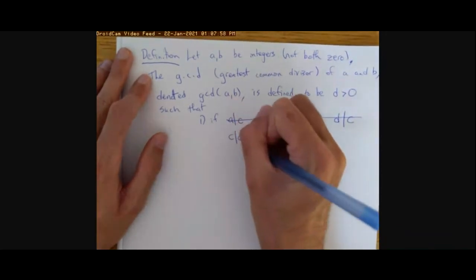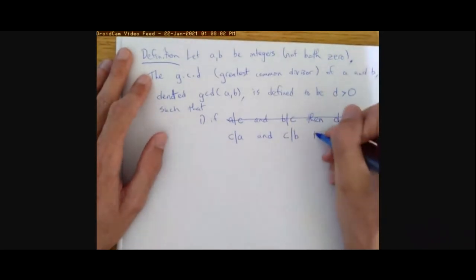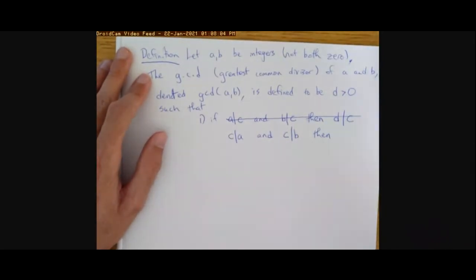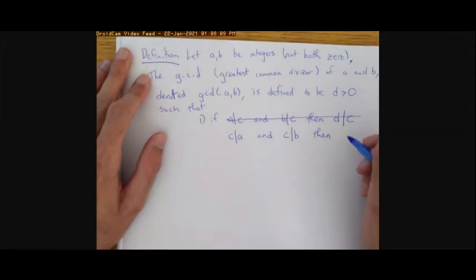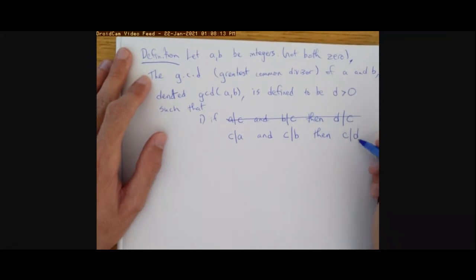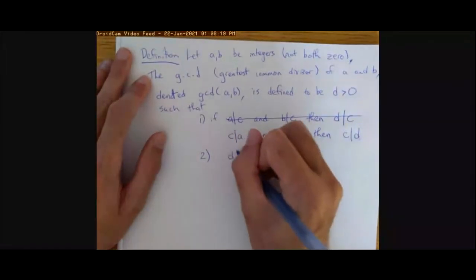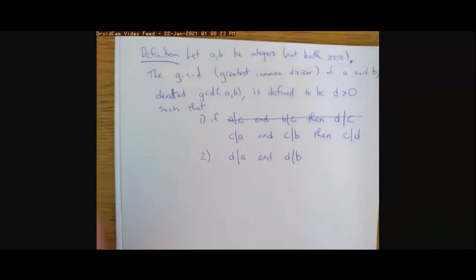I meant to put if C divides A and C divides B. Okay, so that would mean that C is a common divisor of A and B. Then C divides D. So D is a larger divisor than C. The second part is that D is a common divisor. D divides A and B.